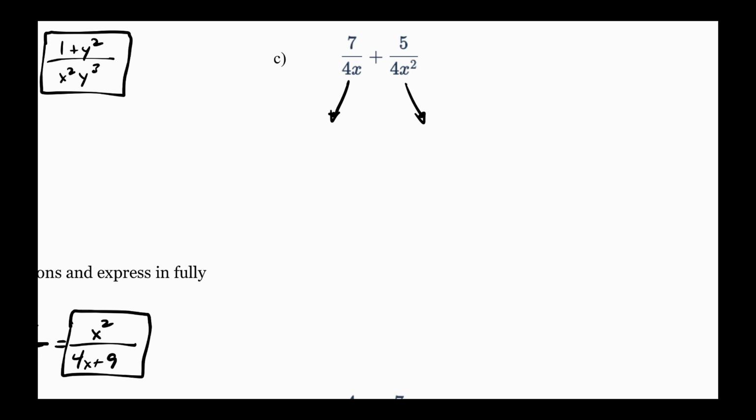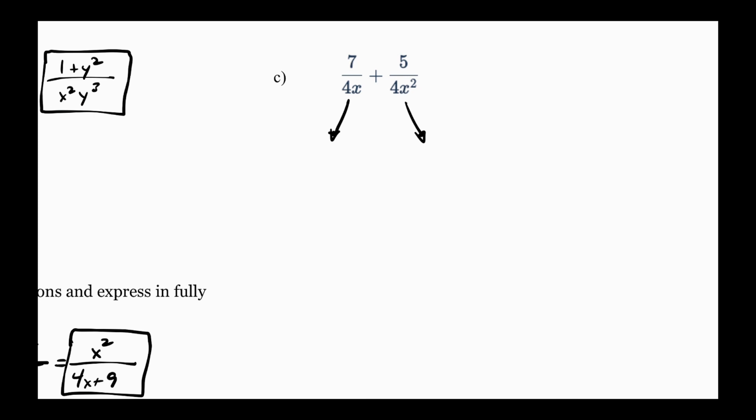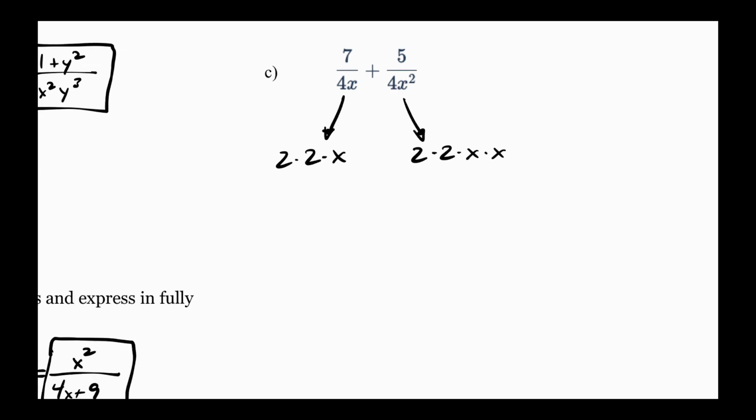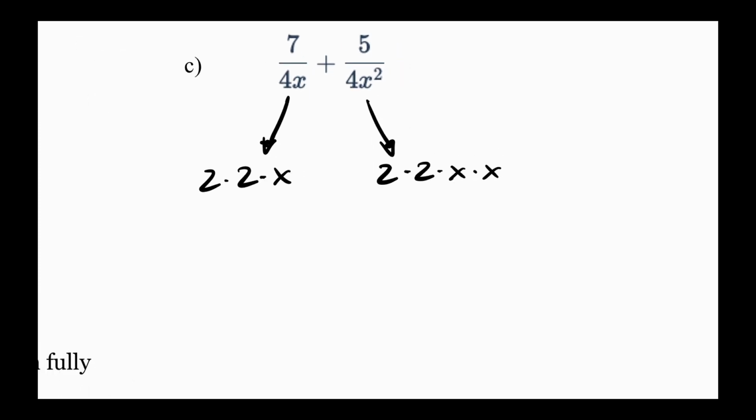All right. So let's take a look at these. So C, we break down 4. It's 2 times 2 and then x. And we break down 4 again, 2 times 2, and this one has 2 x's. So they're pretty close. The only thing that's missing is this guy needs another x.